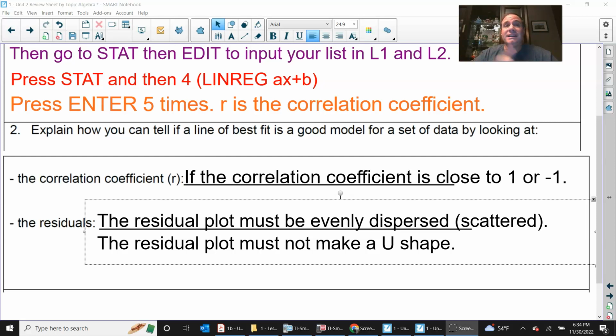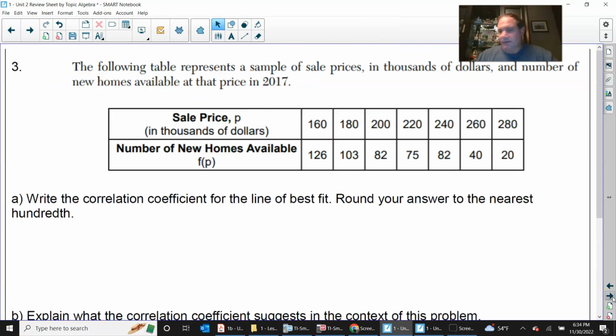If you see a U shape, it's like the trend line not making any sense through the scatter plot, like we've seen in our class, where the trend line drawn in an example really isn't a good fit. That would show a U shape on the residual plot, and that U shape would mean it was not a good fit. And that's basically it for that.